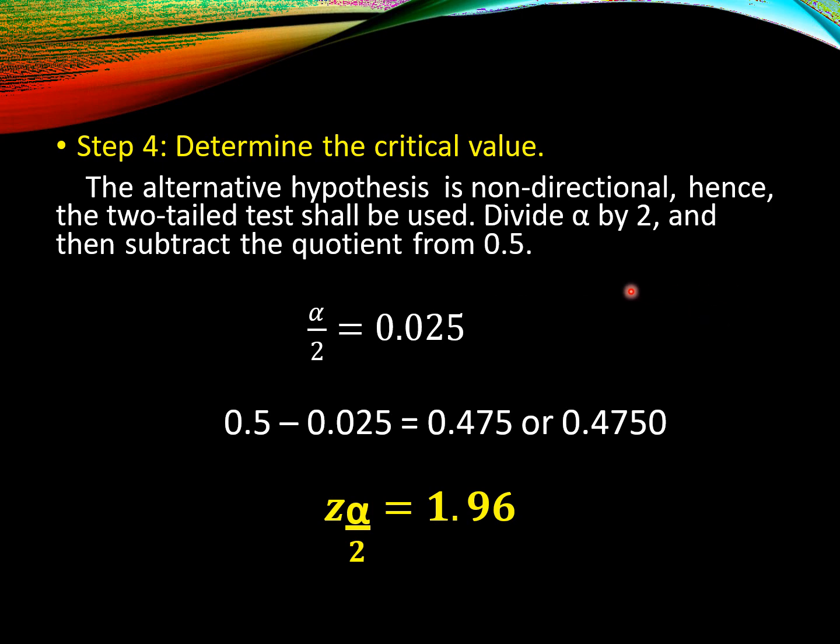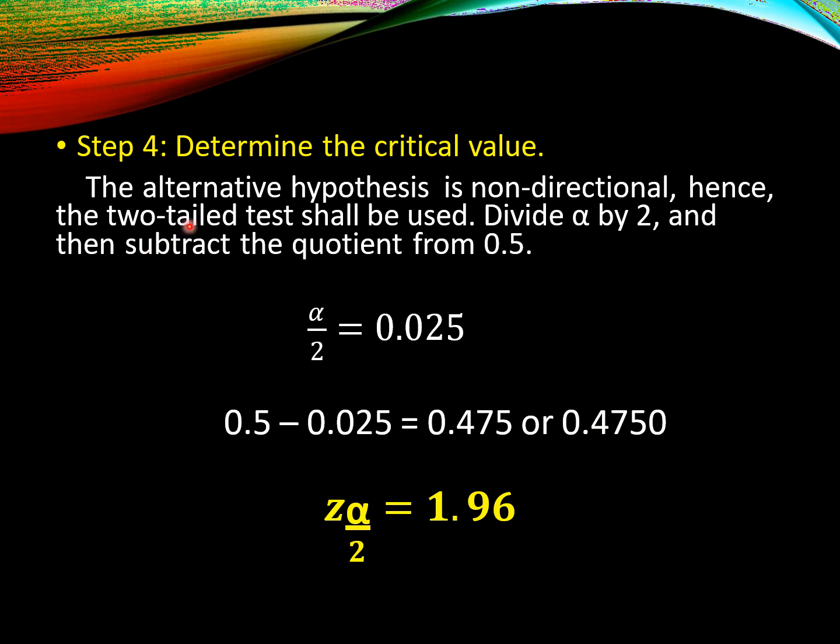Okay? So in here, we divide alpha by 2 because it is a two-tailed test. So we have 0.05 divided by 2, which will give us 0.025. Then subtract that from 0.5. So we'll get 0.4750. If you look at this area, its equivalent in our Z table is 1.96.